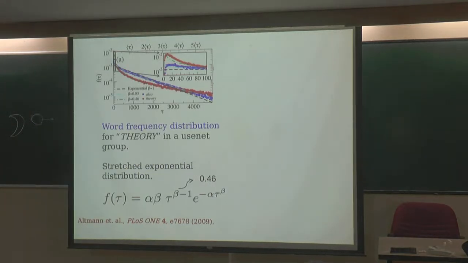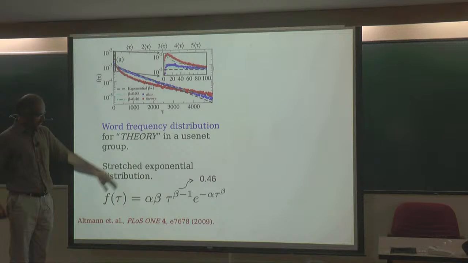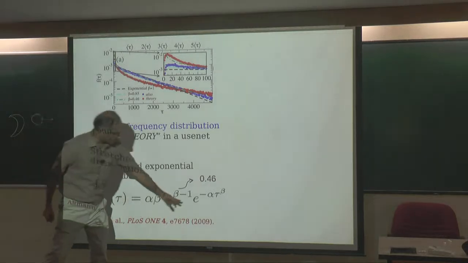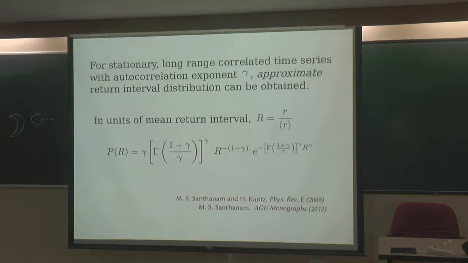And you can do that for even some nice things, like for instance you can take a huge amount of text and ask for return of a particular word, and that also turns out to be a product of these two factors.